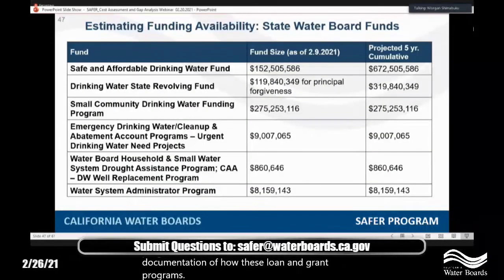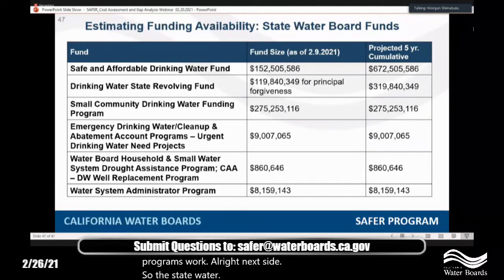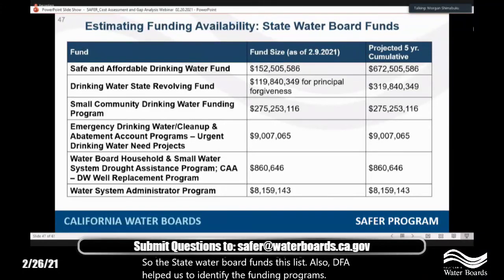All right, next slide. So the state water board funds, this list also, DFA helped us to identify the funding programs that can address SAFER program needs and are being used to address SAFER program needs. Currently, the fund size is shown there in the middle column, and that's recent as of the 9th of this month.